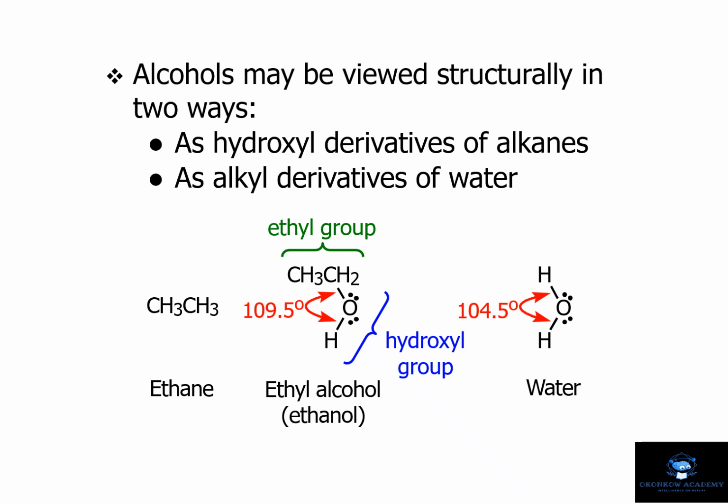Alcohols can be viewed in two ways: as hydroxyl derivatives of alkanes or as alkyl derivatives of water. This second perspective is very useful. Water has OH bonds with a bond angle of 104.5 degrees. An alcohol replaces one hydrogen of water with an alkyl group, giving a similar geometry. So oxygen in both water and alcohol is sp3 hybridized with two lone pairs.